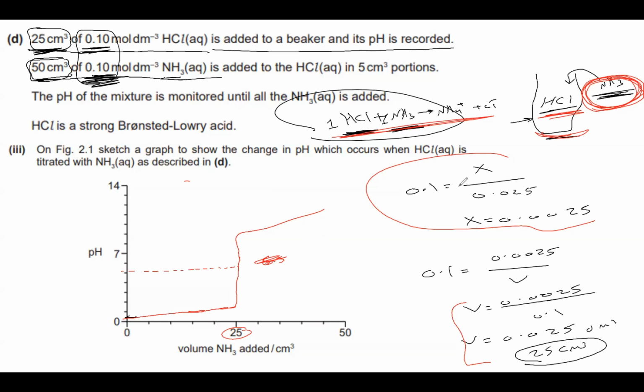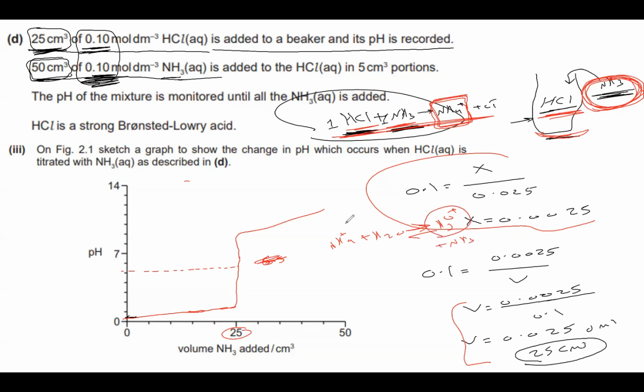The reason why the pH of the equivalence point is not 7 is that, as we see here in this reaction, when HCl reacts with NH3, NH4+ is made. NH4+ with water can provide us with H3O+ and NH3.